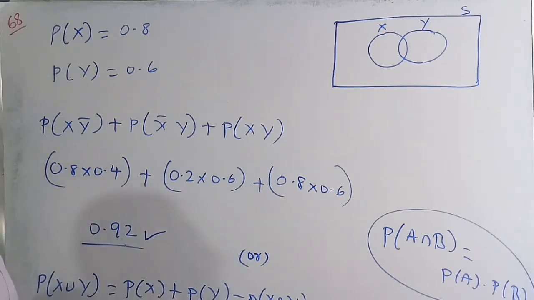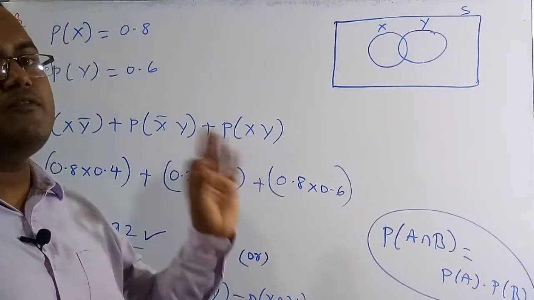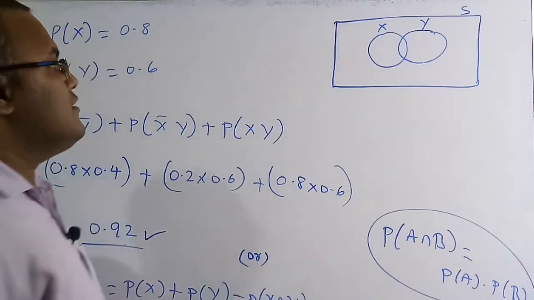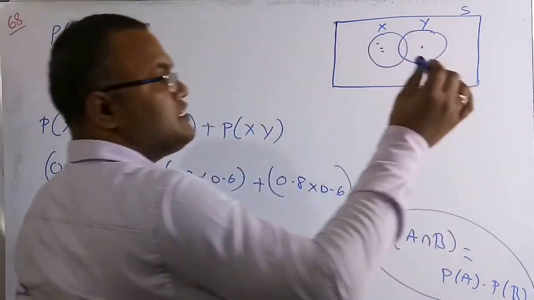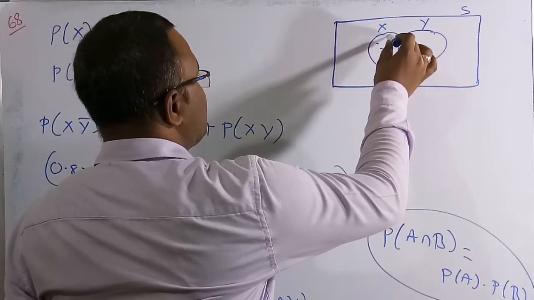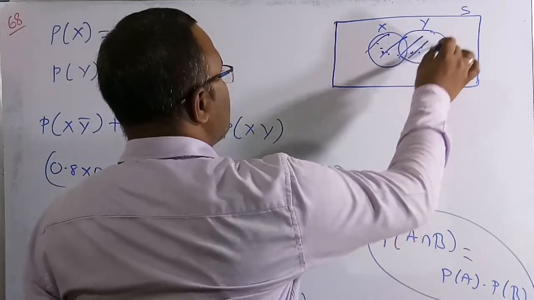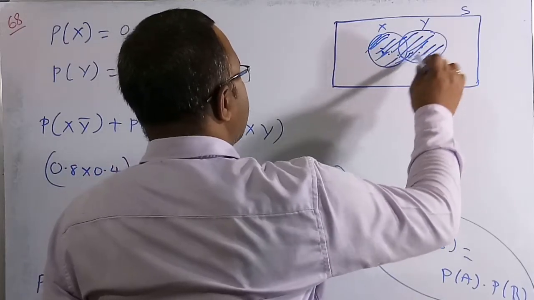So therefore there is a 92% probability that the question will be solved by at least one of them. Or we can say this is the probability of A union B, meaning if any question, both can even solve this one. So we have to go for the probability of A union B, meaning the number of questions that can be solved by any one of them.